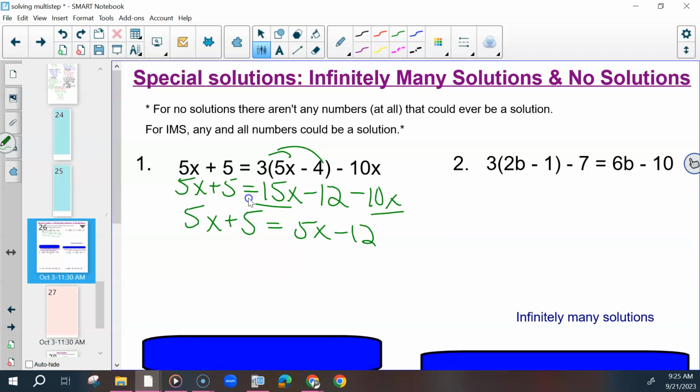Okay. These are the same. Anything else? These numbers are different. Those are going to be a signifier that this is going to be a special case. We'll talk about which one and how you tell that here in a moment.